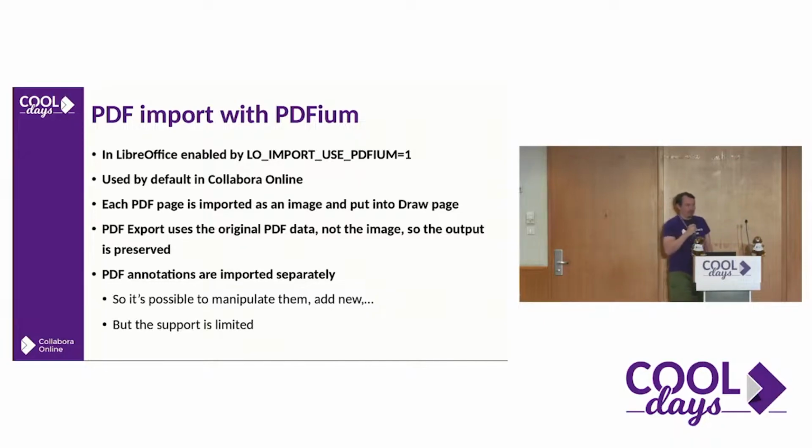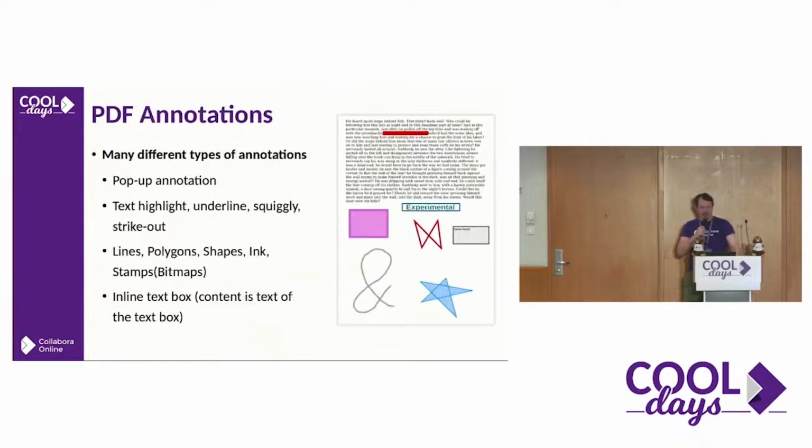But there are also features of the PDF that you can add, like PDF annotations on top of it, so this is handled separately. We had some kind of support for this, but the manipulation of it was very limited. What kind of PDF annotations can we have? There are a lot, like a pop-up annotation, text highlighting, lines and boxes.